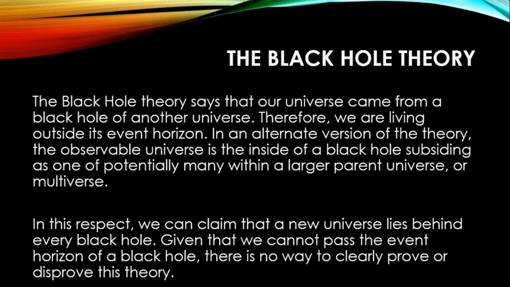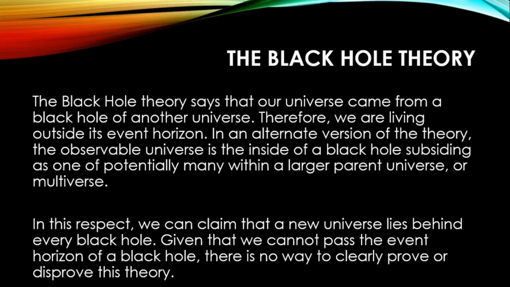And then comes the black hole theory. So there is another theory about a black hole. The black hole theory says that our universe came from a black hole of another universe. Therefore, we are living outside its event horizon. In an alternate version of the theory, the observable universe is the inside of a black hole, subsisting as one of potentially many within a larger parent universe or universes.